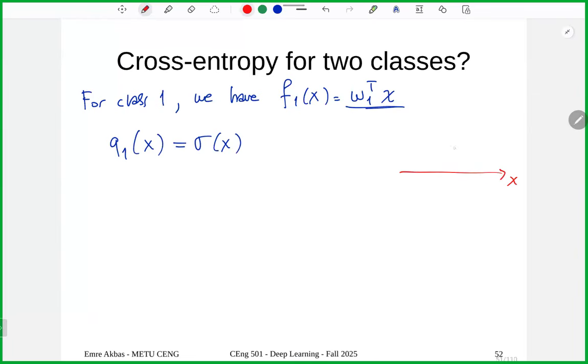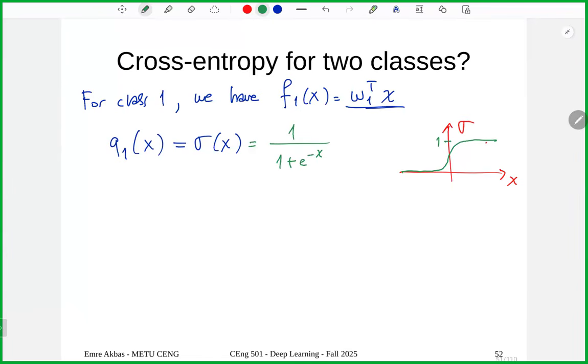So let's say X, sigma, it is something like this. It's a smooth function. Whatever X you give it, it could be minus infinity, plus infinity, anything in between, and it gives you a value between 0 and 1. And its expression is 1 over 1 plus e to the power minus x.